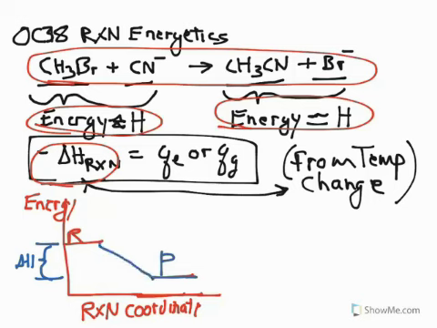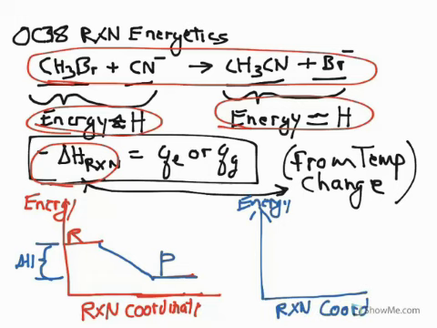I released energy. For an endothermic reaction, I make the same plot, energy and reaction coordinate, and I start maybe in the same place. Here are my reactants, and my products are up here, in green this time. This would be an example of an endothermic reaction.